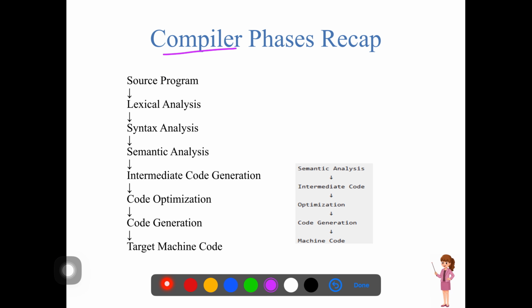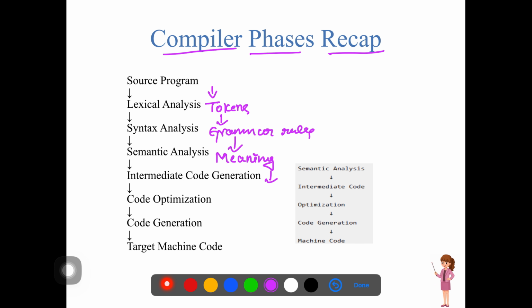The compiler phases recap. The source program is given to the lexical analysis, where it converts the characters into tokens. Those tokens are given to the syntax analysis, where it checks whether the program follows the grammar rules. Then it is given to the semantic analysis. It checks the meaning of the program, such as type compatibility and variable declaration.